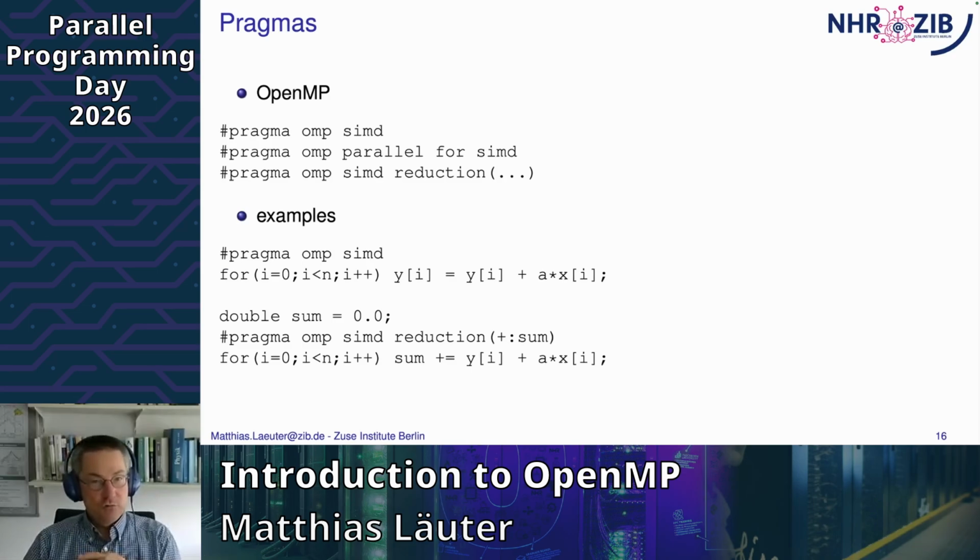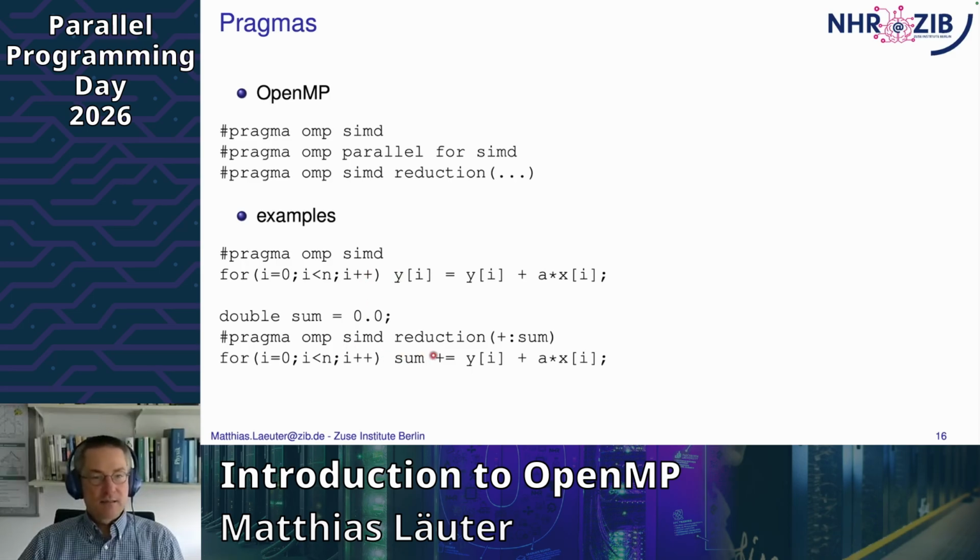And if the compiler is not sure whether to vectorize, you can help the compiler. And now OpenMP comes into the game. There are pragmas from OpenMP, and pragma OMP SIMD will tell the compiler the next line is available for SIMD operation. And pragma OMP parallel for SIMD and so on. You can add SIMD at some point if it's appropriate. You will see the example with OMP SIMD. You can tell the compiler this for loop is free to be vectorized.